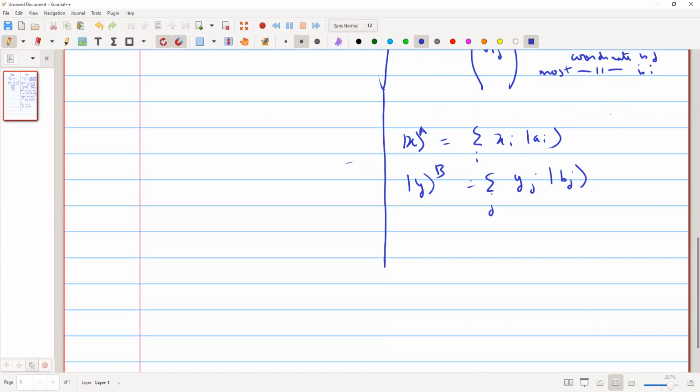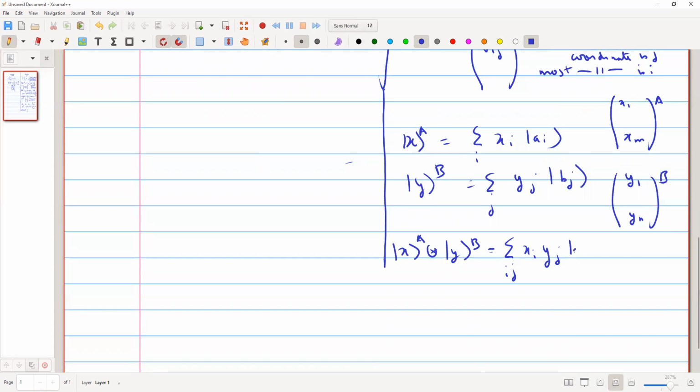So in terms of n tuples, if I want to write it as column n tuples, this will be x1 to xn in the system A, and this will be y1 to yn on the system B. So then I have defined the meaning of this vector xa tensor yb, right? So the formula was the obvious one you would guess, right? ai tensor bj.